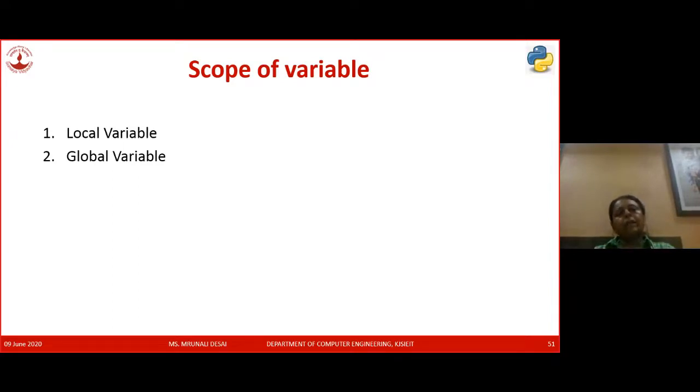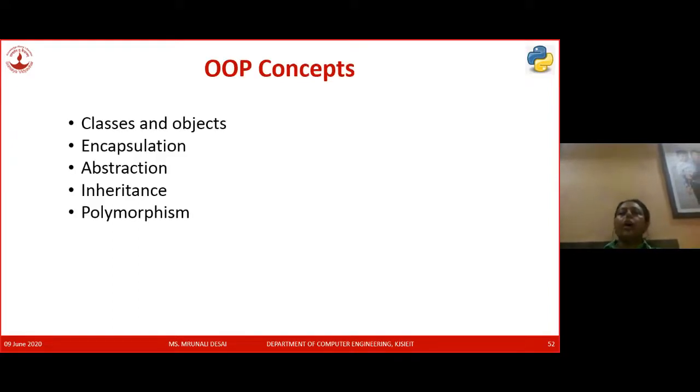Now we will start with the OOP concepts. If you have learned Java, then you are aware of these OOP concepts. I will just give you a brief introduction of it. So classes and objects. What is a class? What is an object? A class is something like a model. It is a template that doesn't exist, right?